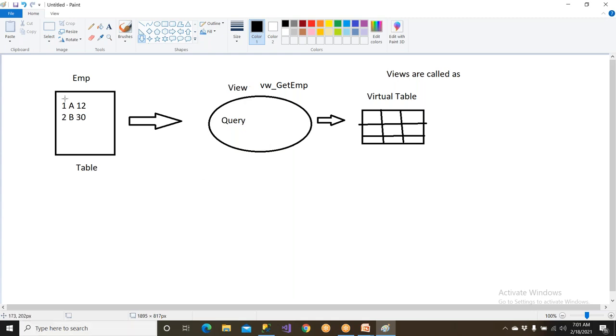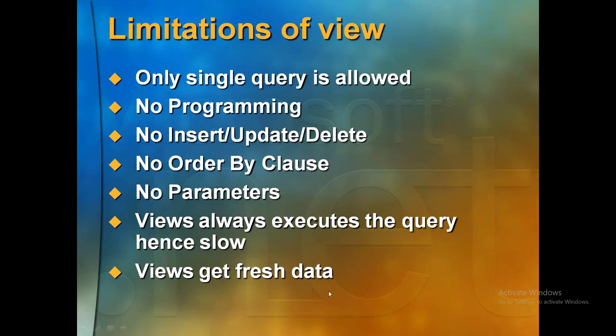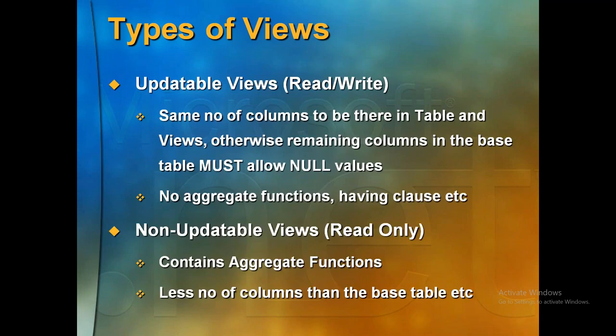Now, if you have an employee table, this is what is going to happen. Many people will ask me a few questions about views. What are the types of views that you have? There are two types of views available. One is called an updatable view, a read and write view. The second one is called a non-updatable view, a read-only view.